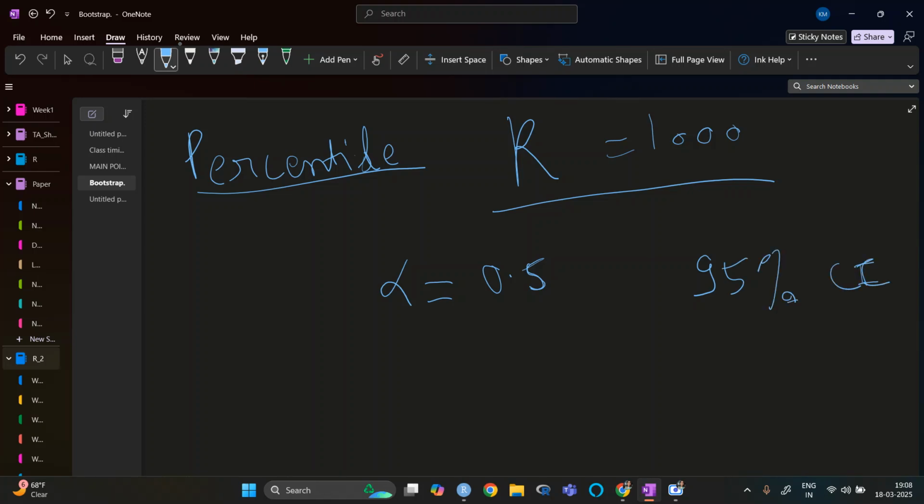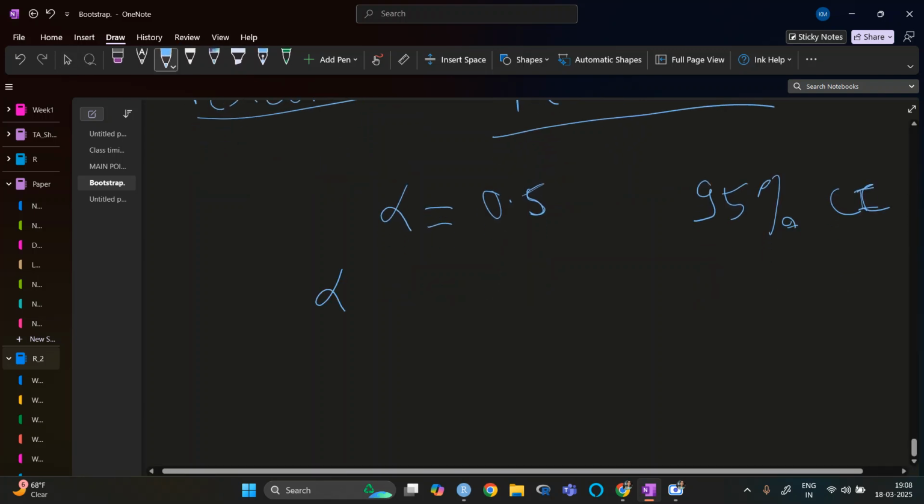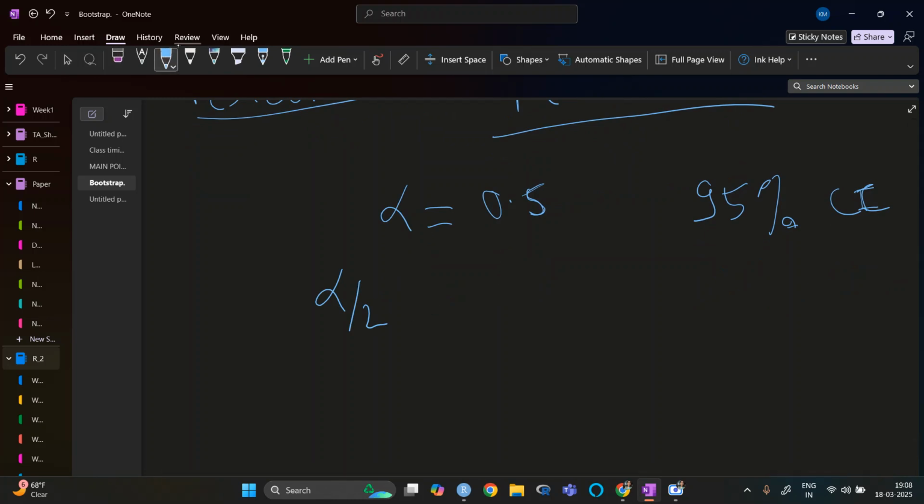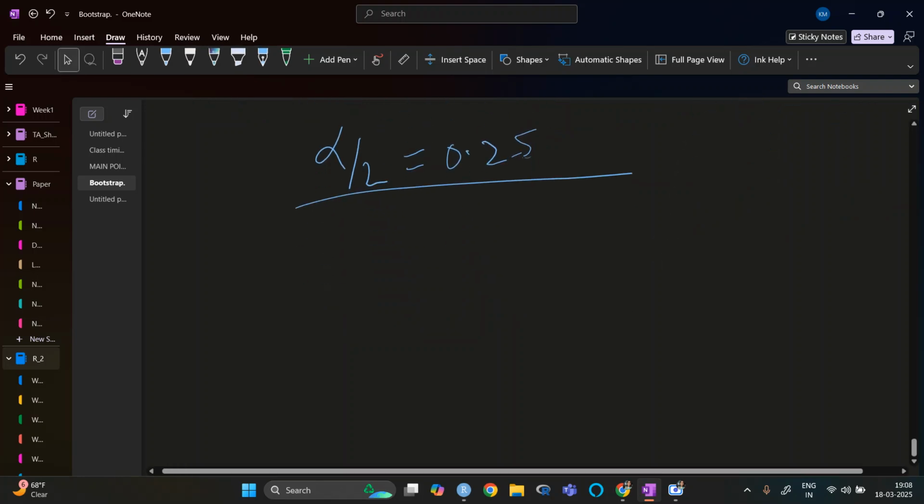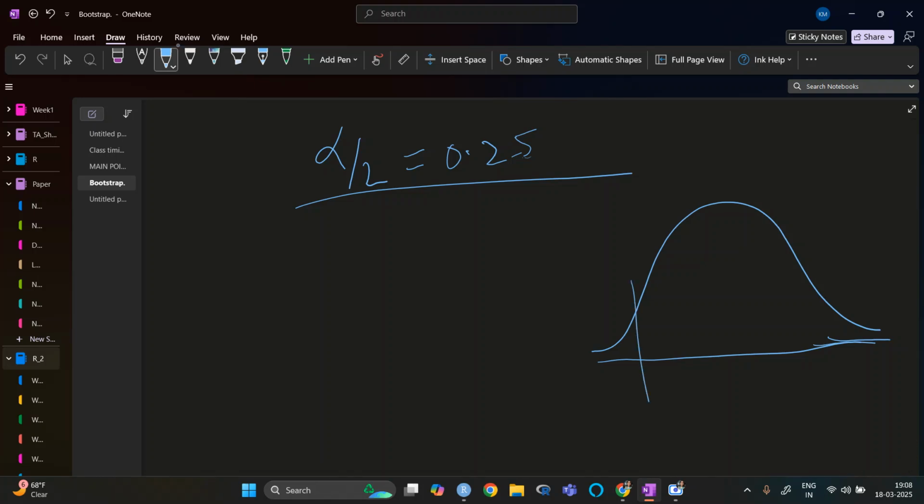From the left and from the right we take alpha by 2, which is 0.25 for both sides. So here it is 0.25 and here it will be 0.975.